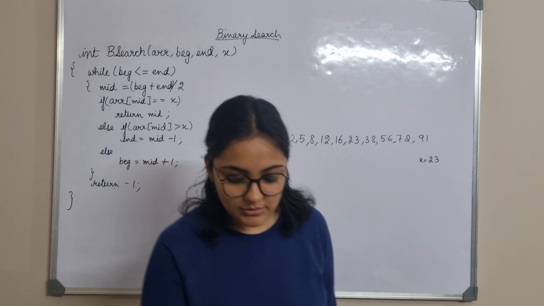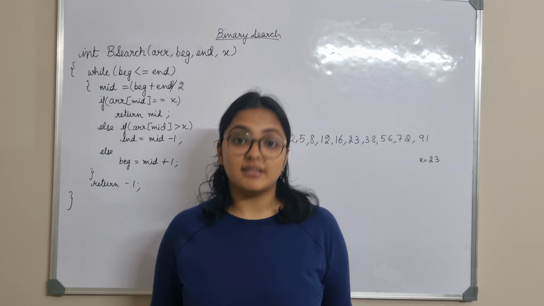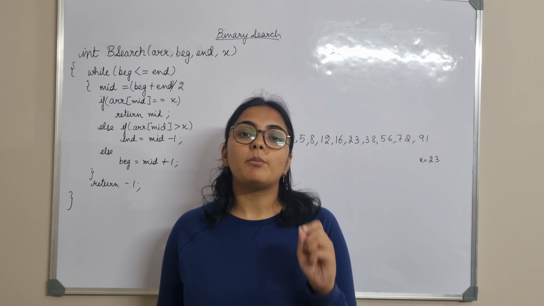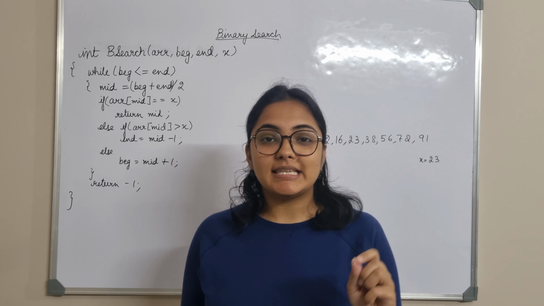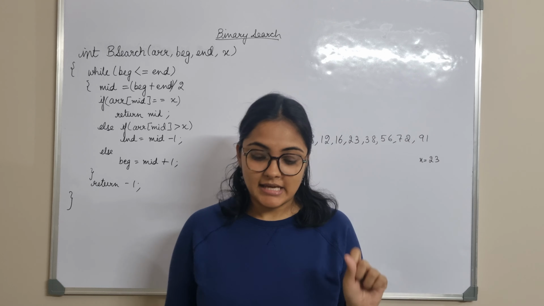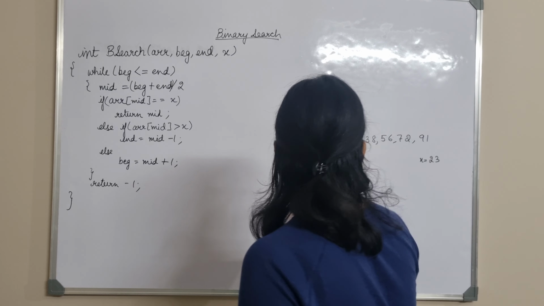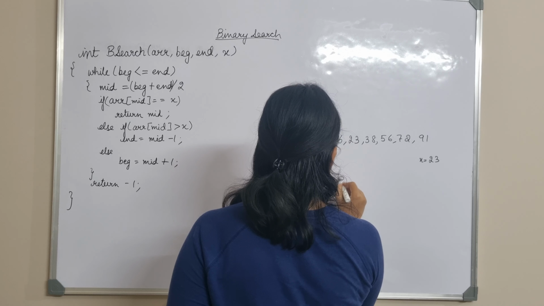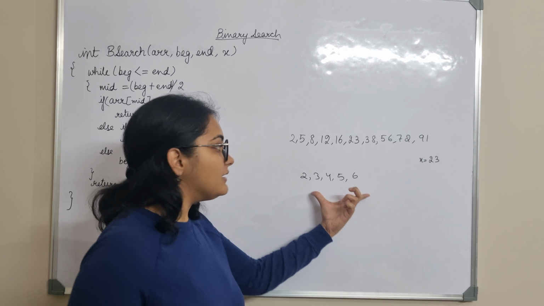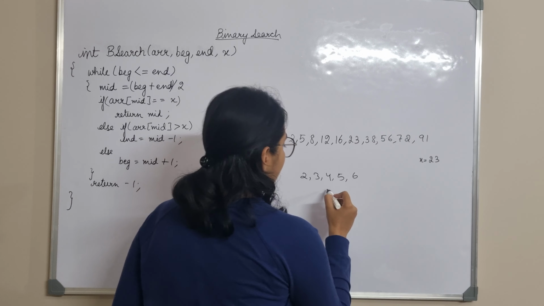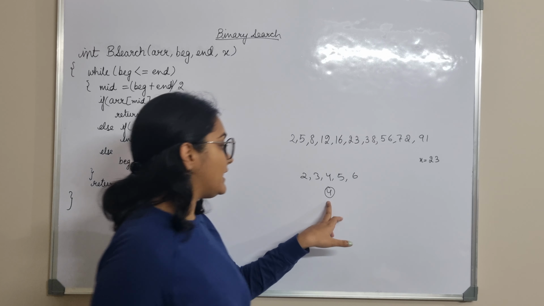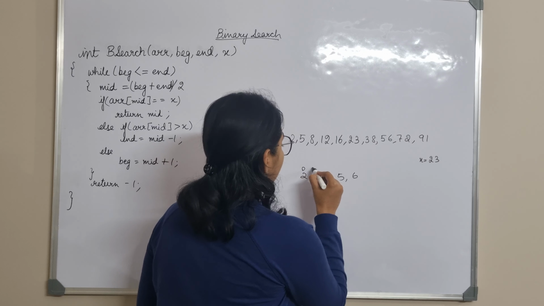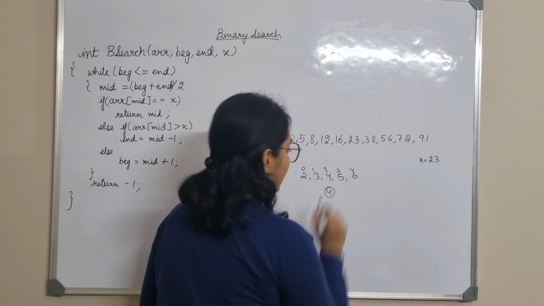Okay, so let's talk about searching first. What is searching? Searching means looking for a particular element inside a data structure, right? Let's say we have an array 2, 3, 4, 5, 6, and we are looking for an element 4.